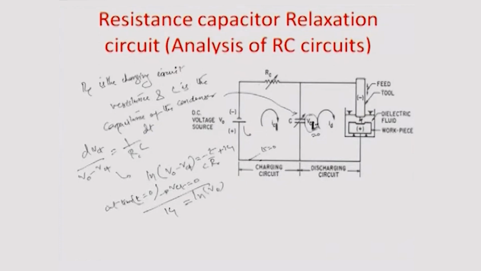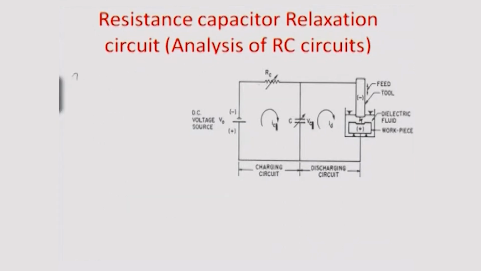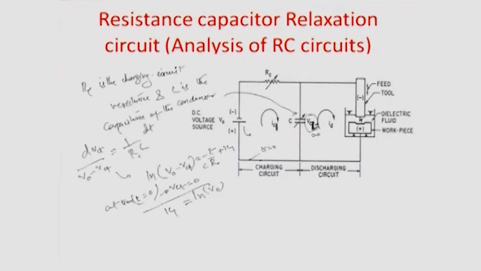So, if we substitute in the earlier equation, which was actually this right here, equation A, we would get ln(V0 minus VC(t)) equals minus t by RC plus K1 value, which is ln V0, or we can say ln of (V0 minus VC(t)) by V0 is minus t by RC.